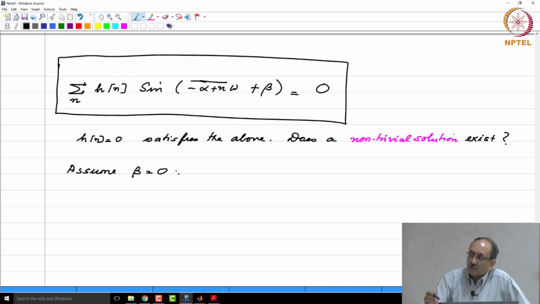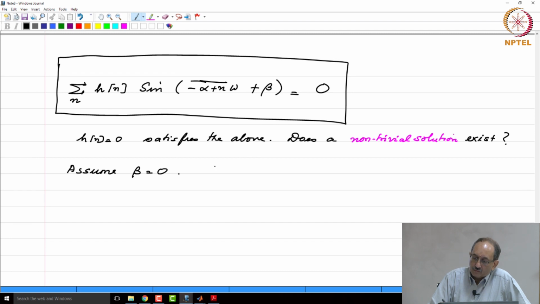Then in general, n from the basic definition of the DTFT should go from minus infinity to plus infinity. Now, you are going to restrict yourself to the case n going from 0 to capital N minus 1. So, we are now looking at the FIR filter case.